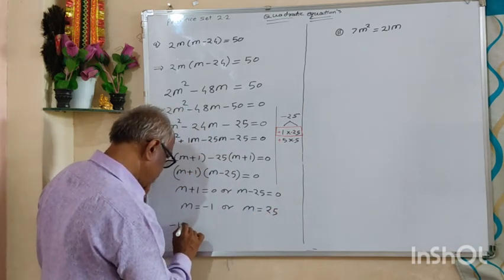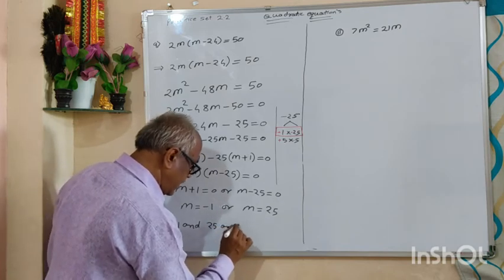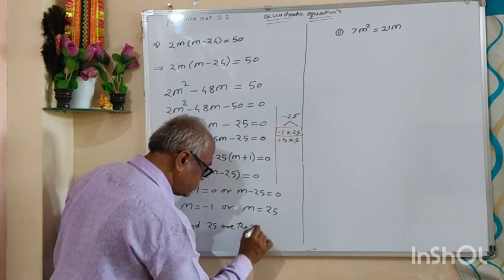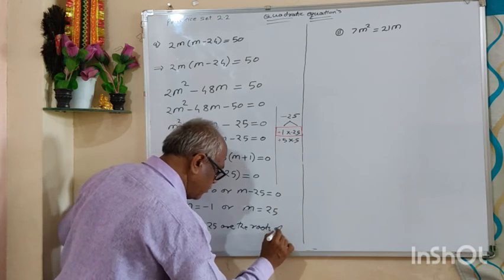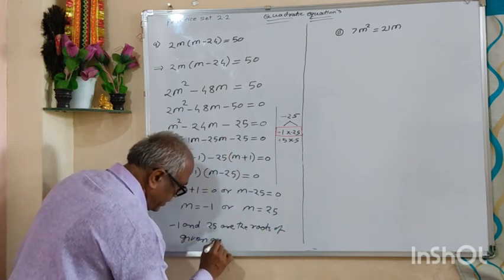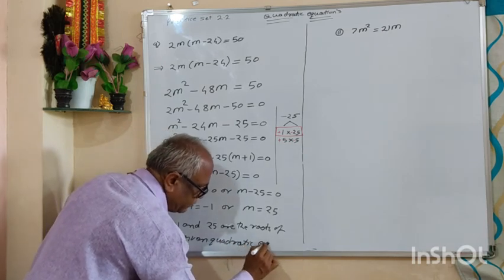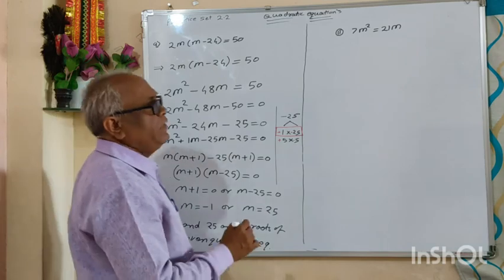That is, minus 1 and 25 are the roots of the given quadratic equation.